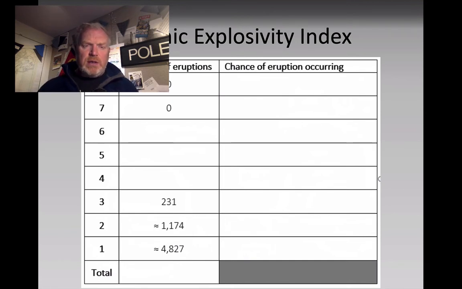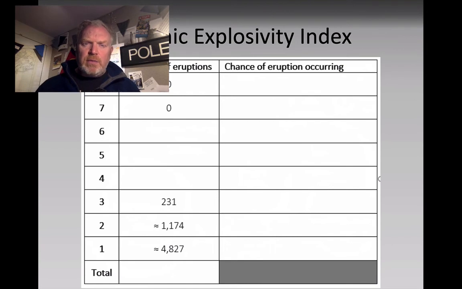Each of these eruptions has been counted. On your worksheet, I've given you a list of all the eruptions of VEI 6, 5 and 4. What I'd like you to do, first of all, is count up the number of eruptions at each of these VEI levels.